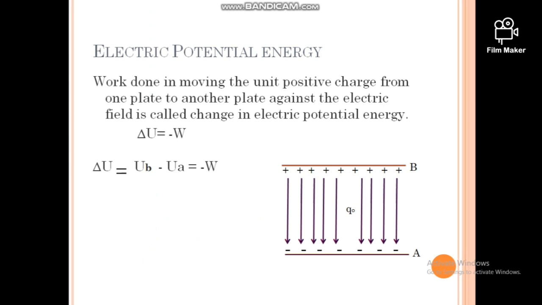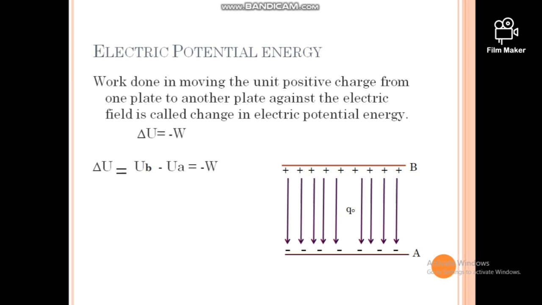When the work W is done on this test positive charge, then W is equal to the change of electric potential energy, delta U, that is equal to minus W, where the minus sign indicates that the force is in the downward direction and the displacement is in the upward direction.